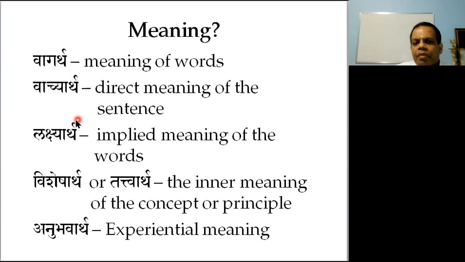Then something called Vachyartha comes. That is when words are put together, there's an additional meaning which comes. You understand the meaning of Ishvara, you understand Amba, but when you put together, it's Ishvara Amba Sutta Shriman, the first half of the first line. That has a meaning.